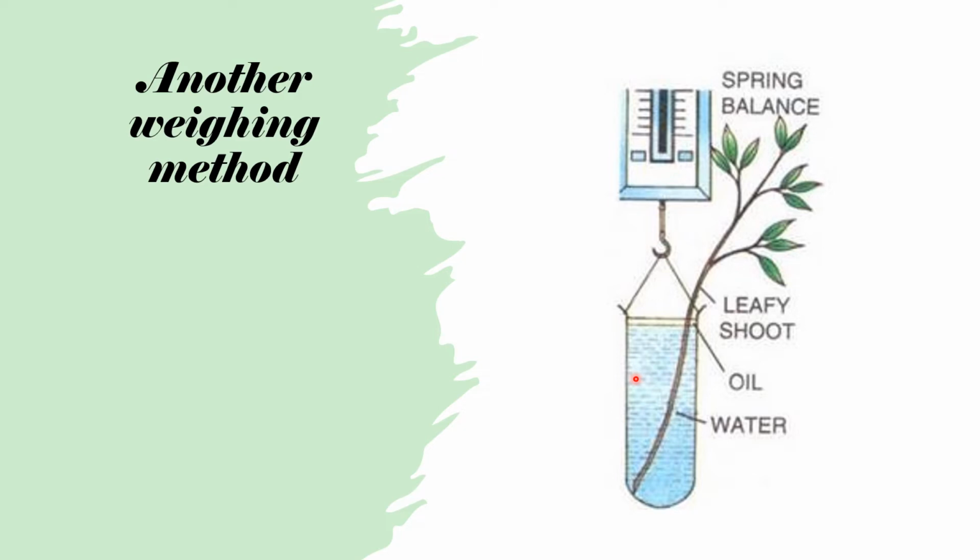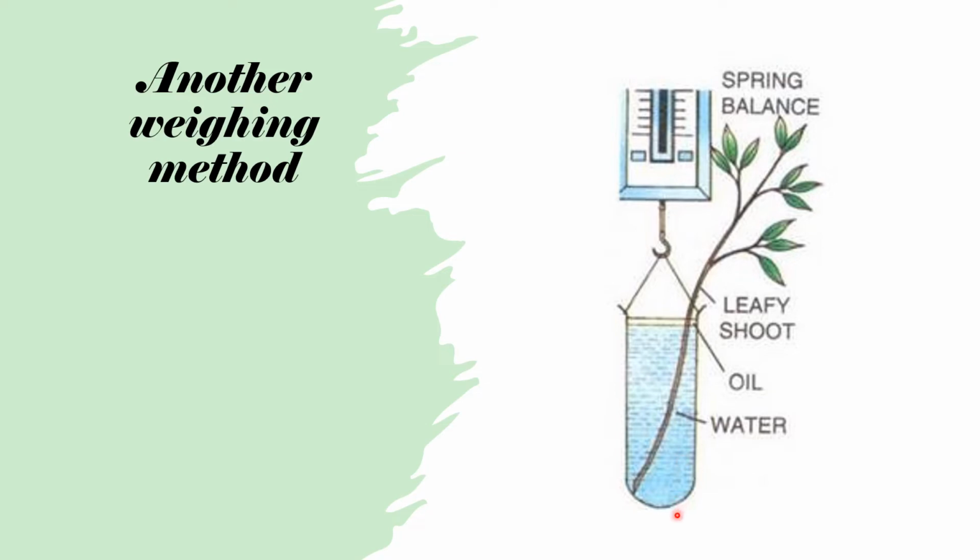Then you have to weigh the test tube using a spring balance, or you can place the test tube in a small beaker and weigh them together. Then remove the test tube and keep it straight in the test tube stand for a few hours.